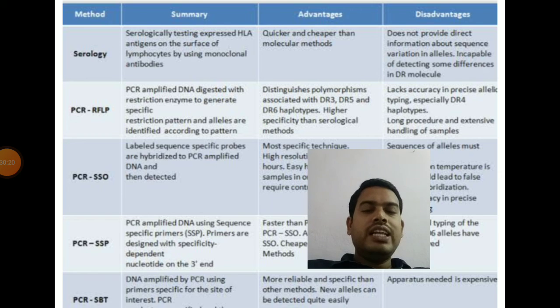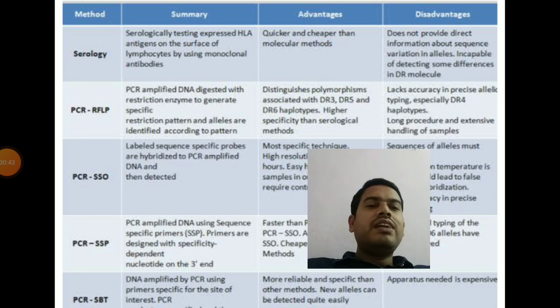So the HLA alleles are amplified and treated with restriction enzymes, which is why the technique is called restriction fragment length polymorphism. Then the polymorphisms are compared between the recipient and donor.